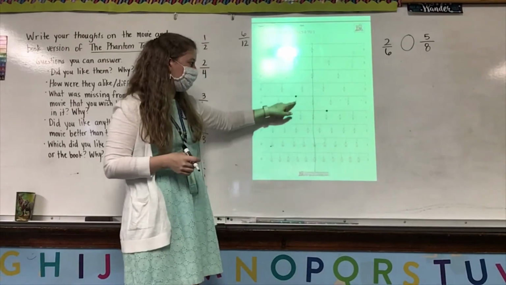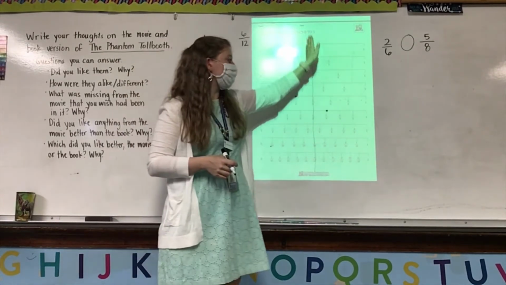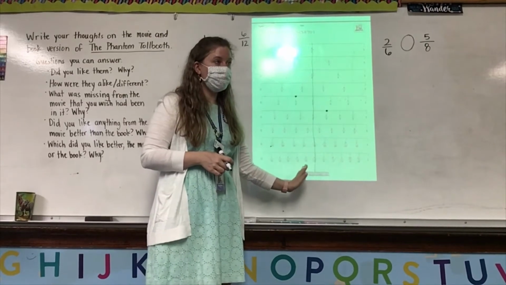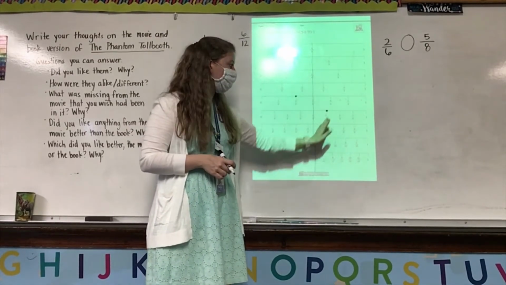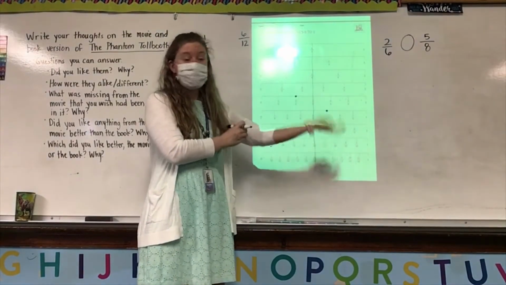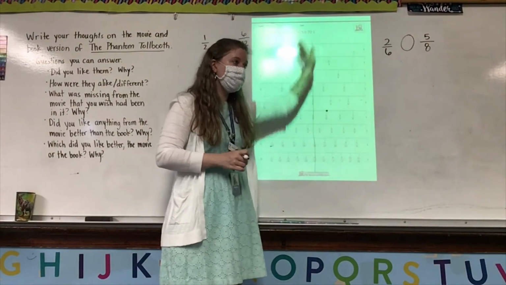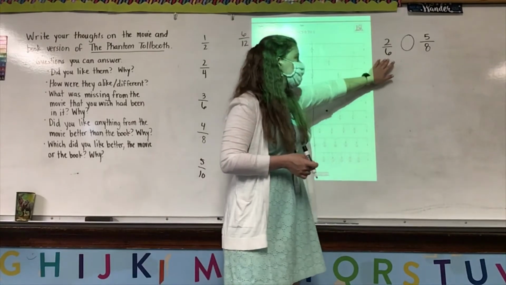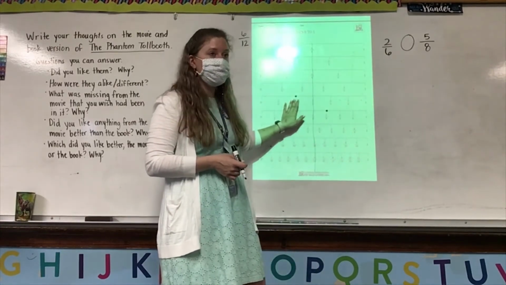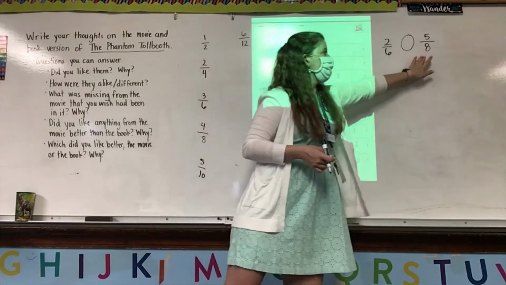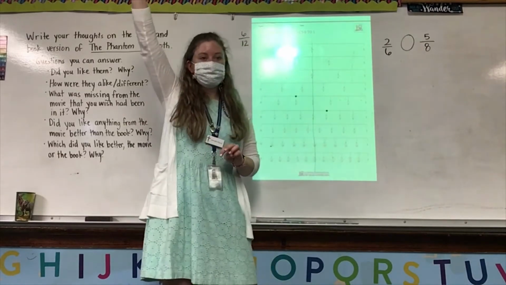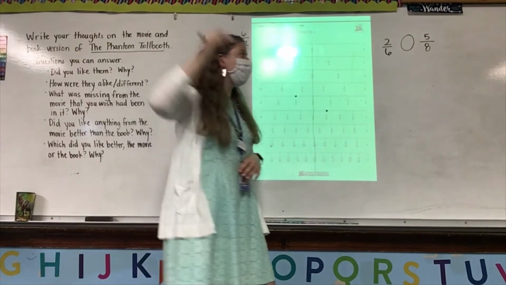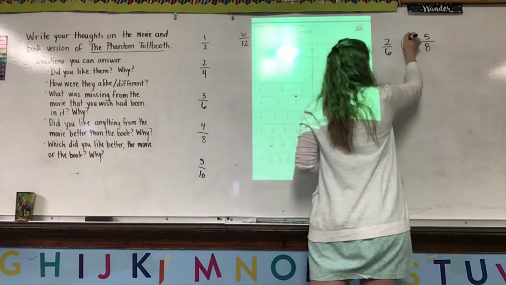We see that 2/6 is to the left of our halfway point, and 5/8 is to the right of our halfway point. So, is 2/6 greater than, less than, or equal to 5/8? Lena? Less than.